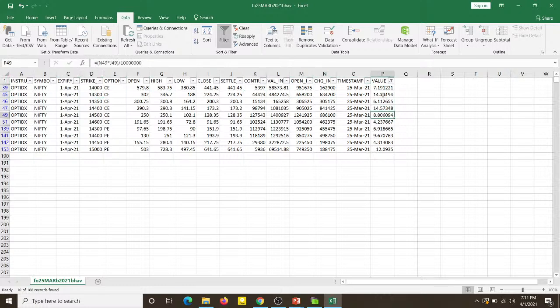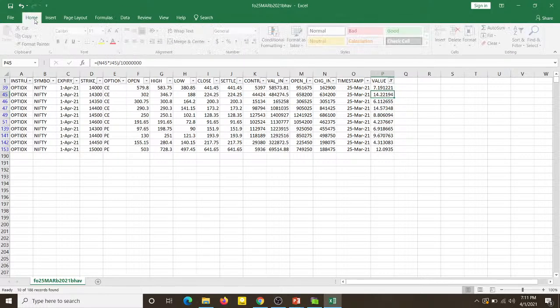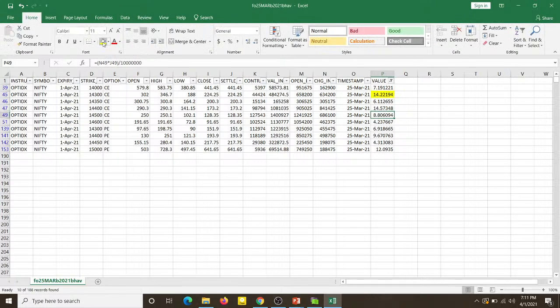And the second top position being 14,400 call as well, and also 15,000 put. So these are the top positions: 1, 2, 3, right? So these are the top 3 positions from this day, right? And also here I usually put at least greater than 10 crores, right?